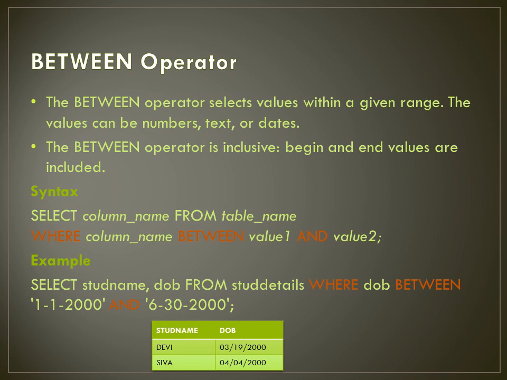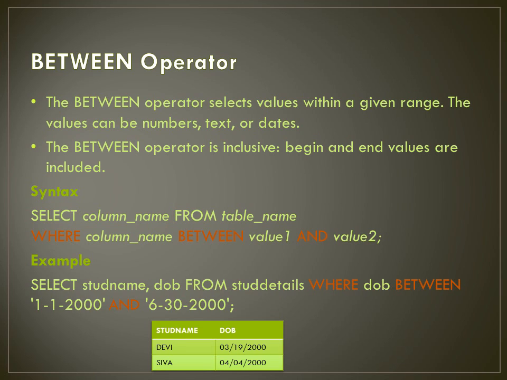Between operator. The between operator selects values in a given range. The values can be numbers, text or dates. The between operator is inclusive. Beginning and end values are included. Syntax for this is select column name from table name where column name between value 1 and value 2. We can see the example.